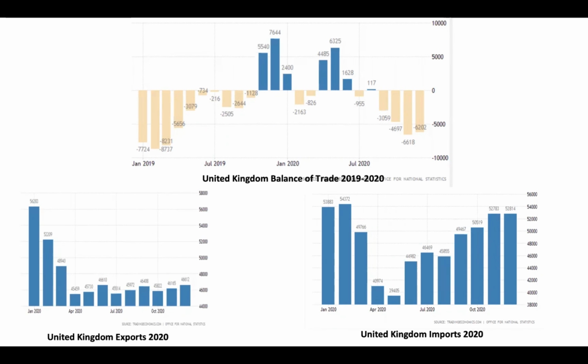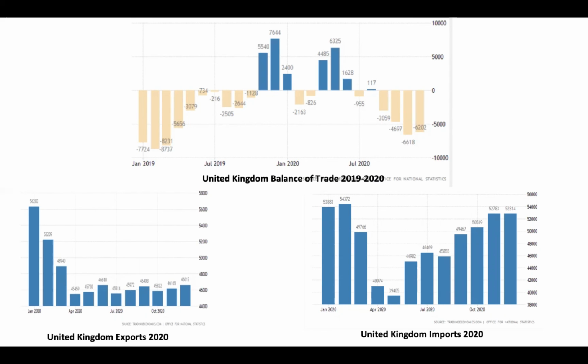Between January and October 2019, the UK trade balance was negative due to imports being more significant than exports. From November 2019 to January 2020, the United Kingdom became a surplus country with a positive trade balance.